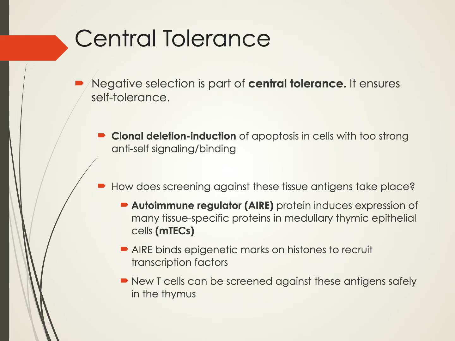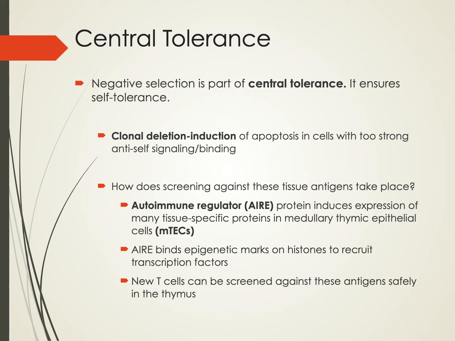Now, how are we having expression and processing of self proteins? It is through the AIRE protein. So autoimmune regulator, or AIRE protein, actually induces the expression of proteins by the medullary thymic epithelial cells.